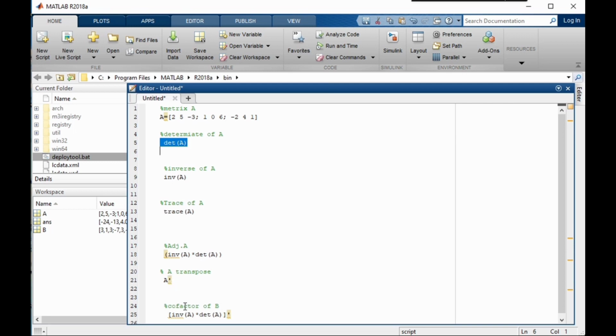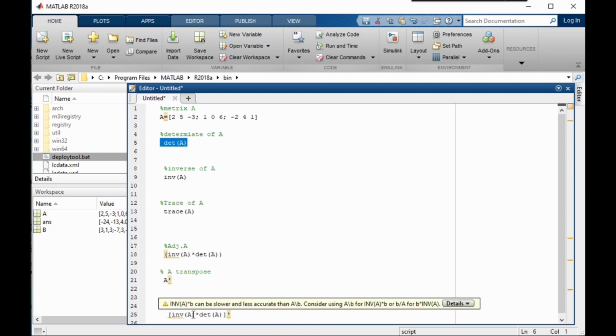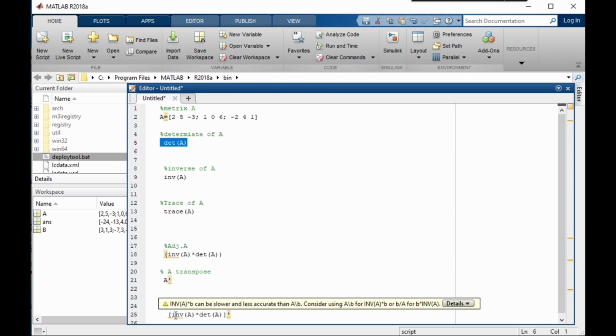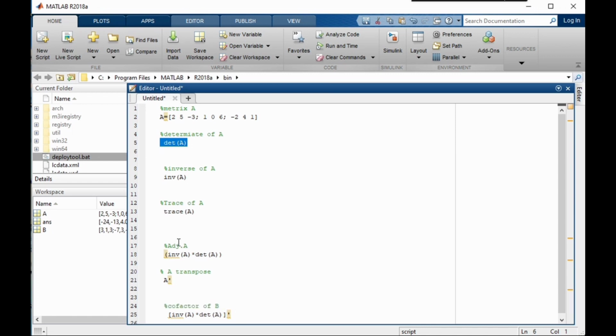Okay, and for the cofactor of A, we have our formula as the transpose of the adjoint, or adjoint transpose. We couldn't enter adjoint over here, because the computer cannot recognize adjoints.